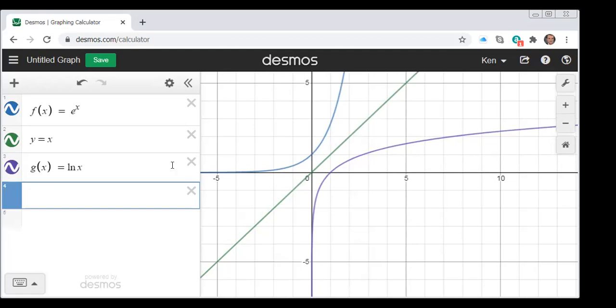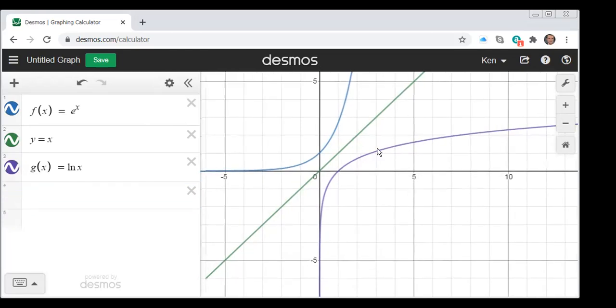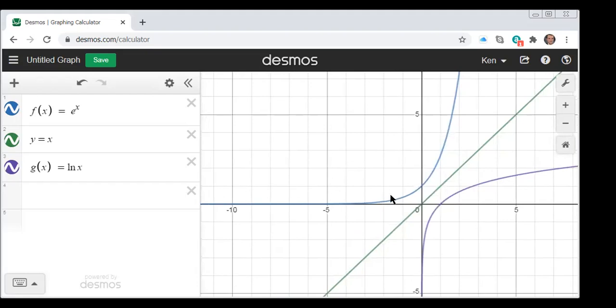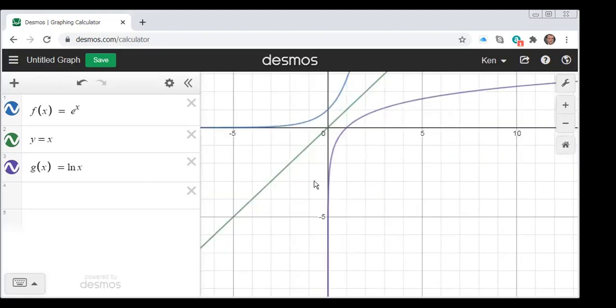The thing is, when you take the inverse function, you swap the domain and range. So the domain of natural log is equal to the range of e to the x. The range of e to the x is the open interval from 0 to infinity, just those positive numbers. As you can see, e to the x never goes below 0. So the domain of natural log of x is also going to be the open interval from 0 to infinity.